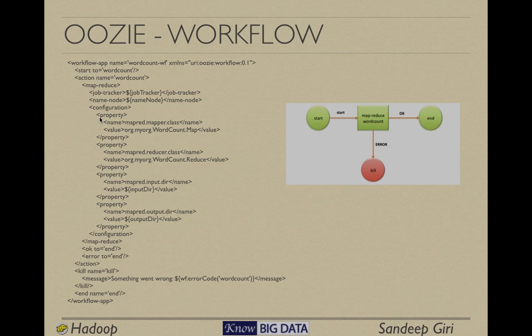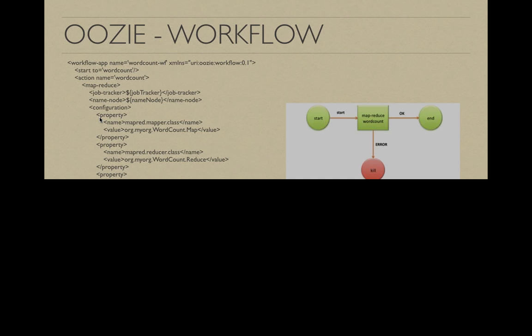The first element in the topological sorting would be get up. Then you take a bath. After taking a bath you wear the clothes and then you go to office. This is a general concept. It's a very useful concept in computing. Every project plan is essentially a directed acyclic graph. So every task or group of tasks in Oozie, the workflow, is a directed acyclic graph.